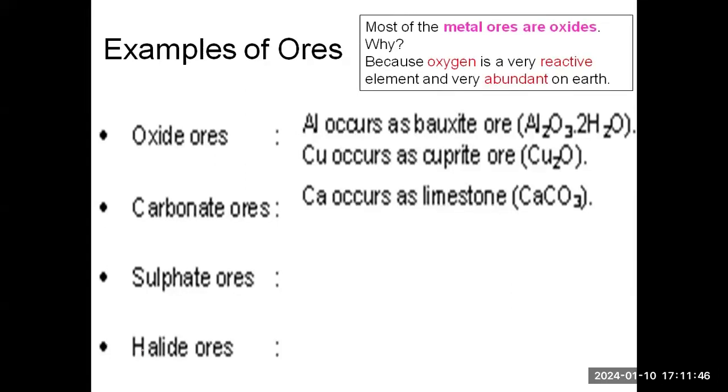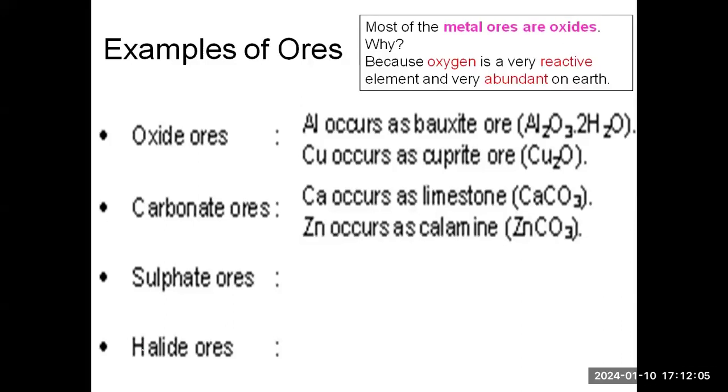The metals mostly are in oxide form, because oxygen is abundant in the environment, 21%, and metals react readily with the oxygen. So most of the ores have oxygen in them.